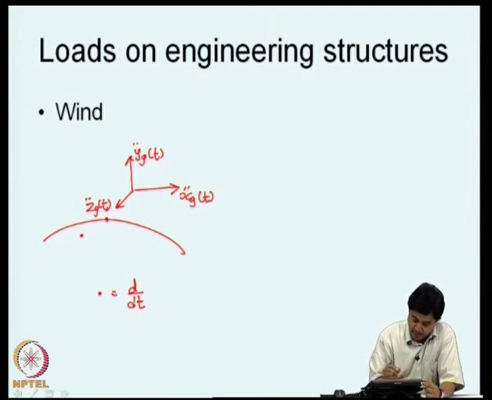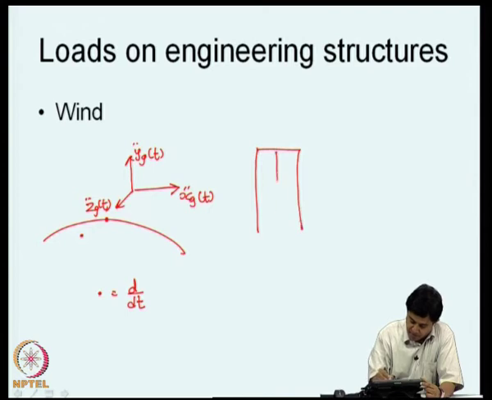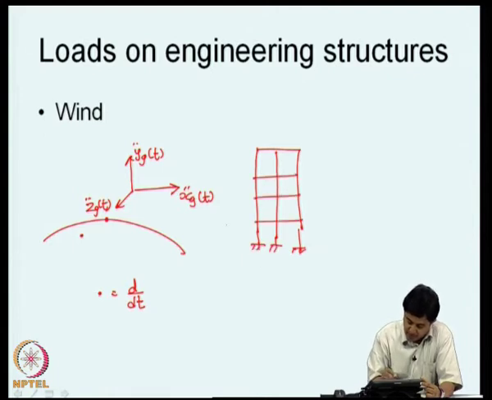So, in the event of an earthquake, all points of all structures which are in touch with the ground, for example, a multi-story building frame, will be subjected to these accelerations.